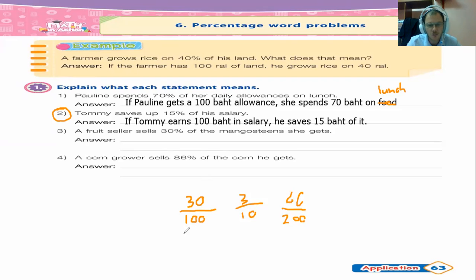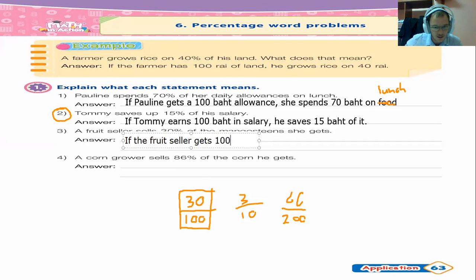So you can play around with them. I'm just using this because it is the easiest one. So if the fruit seller gets 100 mangosteens, she sells how many of them? 30. Excellent. She sells 30 of them.